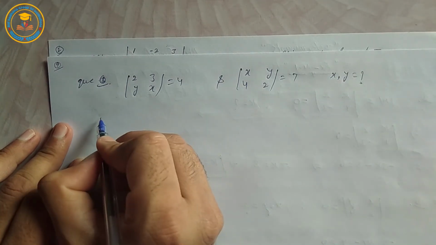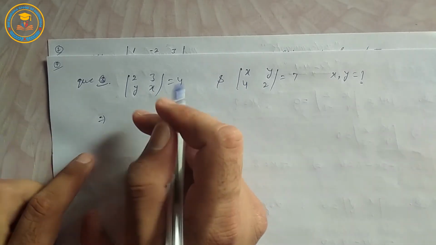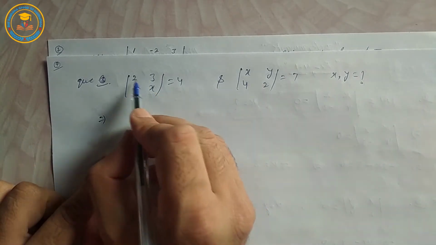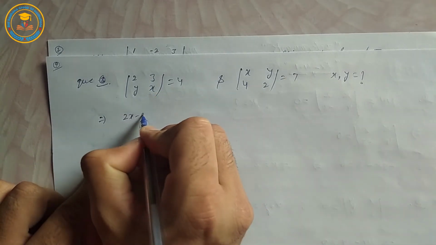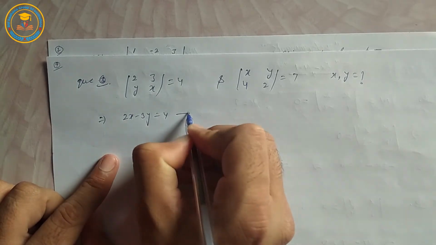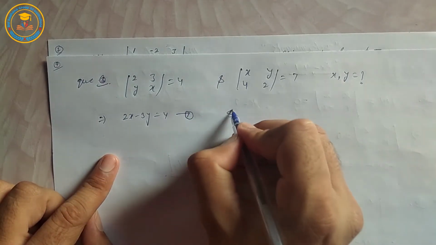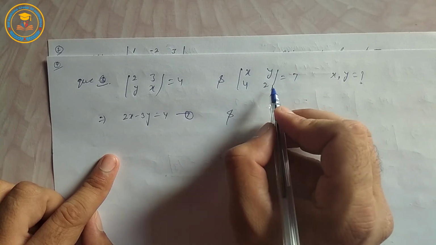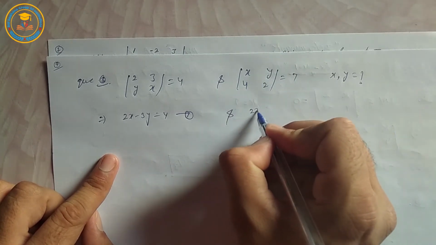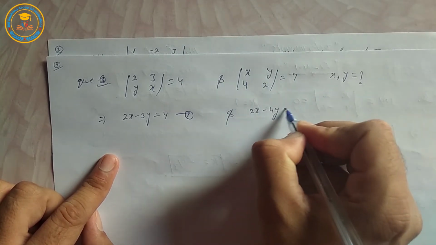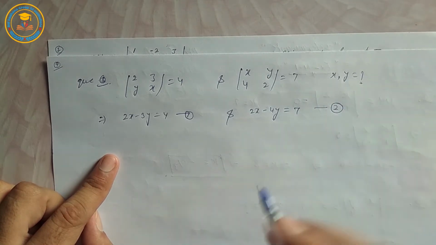It implies, from the first determinant, 2x minus 3y is equal to 4, equation first, and from the second determinant, 2x minus 4y is equal to 7, equation 2.